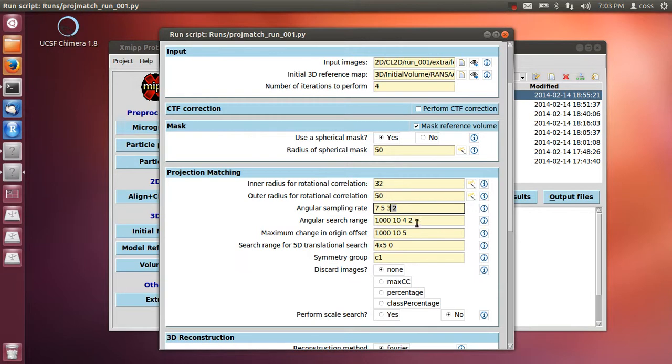Then, how much can the images move from one assignment to the next? In the first iteration, they are free to take any angular value that they like. But then in the second iteration, they can move only 10 degrees away from the assignment in the first one.